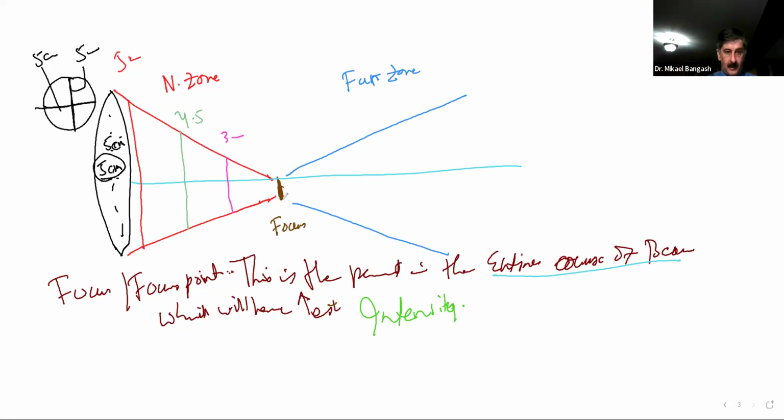So what they say is that if we look at the beam at the focus in cross section, this dimension is 2.5 centimeters and this dimension also 2.5 centimeters. So the diameter of the beam at the focal point is half the dimensions of the PCT or crystal.